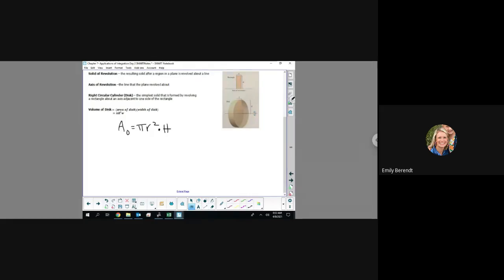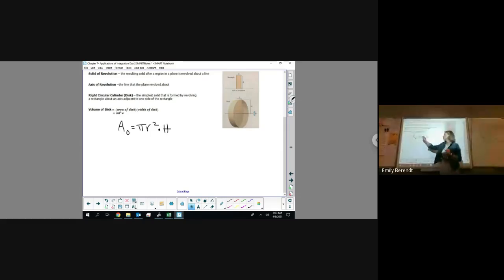Okay, so the height of our cylinder is the dx. Remember you want your dx to become closer and closer to zero, but we're shoving a whole bunch of them into this volume. And then the pi r squared, that's the area of the circle. The r is going to be the radius of the circle, which is essentially the height of the function to the x-axis or the y-axis, because I think that's all we're rotating around today.